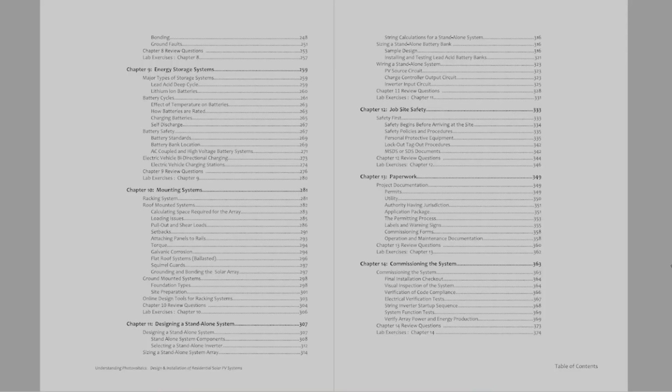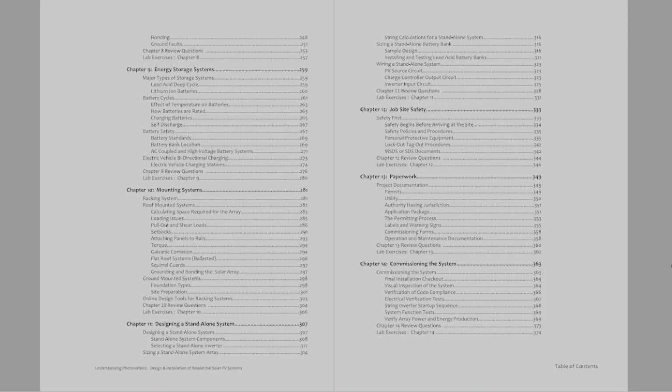Chapter 13, paperwork. Now, we don't go too deep into the paperwork, such as permits, how to draw a permit, what your application package looks like, labels, commissioning forms, things like that. That's really designed for a more advanced, the level 2, the site supervisor or whatever. So this is really an entry level one.